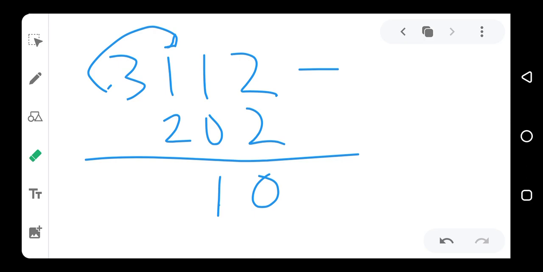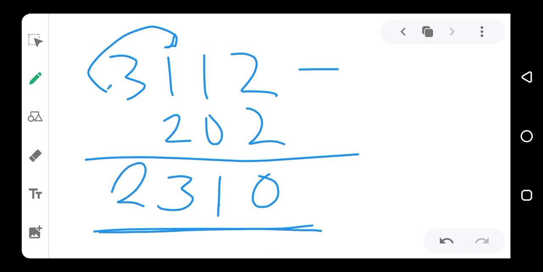So we now say 5 minus 2, that will give us 3. Now we have borrowed 1 from this 3, so it is remaining 2. There's nothing under it, so we bring it down. So what we are going to have is 2310 in base 4.